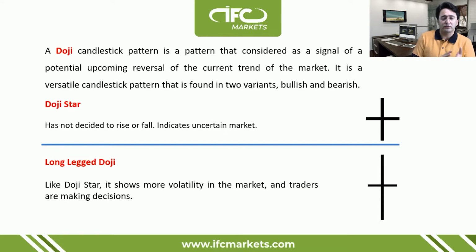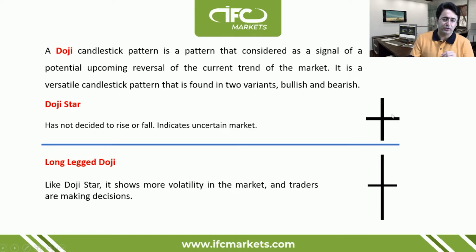When the price doesn't know whether to go higher or lower, it's an uncertain market. In the doji, when you see this line, it means that the opening and closing price is here. If you connect the higher point and lower point, the open and close price, which are at the same level, should be almost at the center.